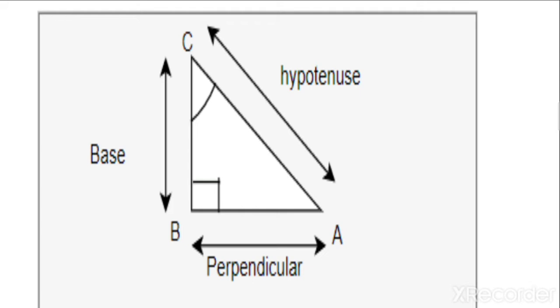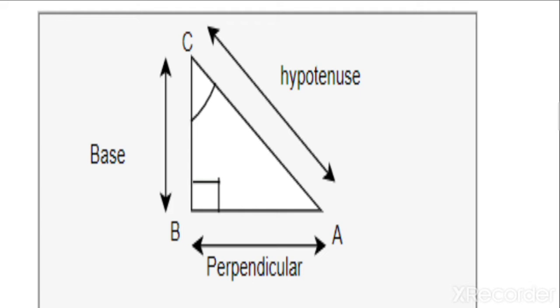And for the base, what will happen? See, how will you name this angle C? Either you will write it as angle ACB, or you can write it as angle BCA. This is the way to name the angle C. Now these two sides, BC and AC, are the arms of angle C, because angle C is framed between these two arms. One of these two arms is always the hypotenuse and the other arm is the base.